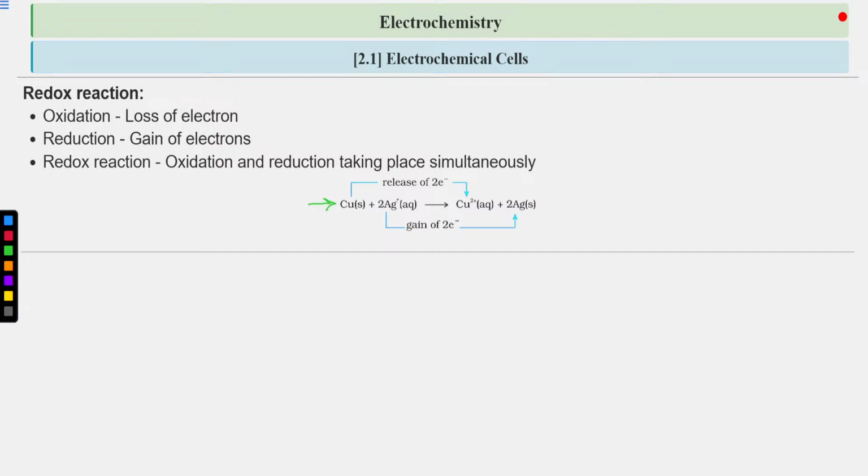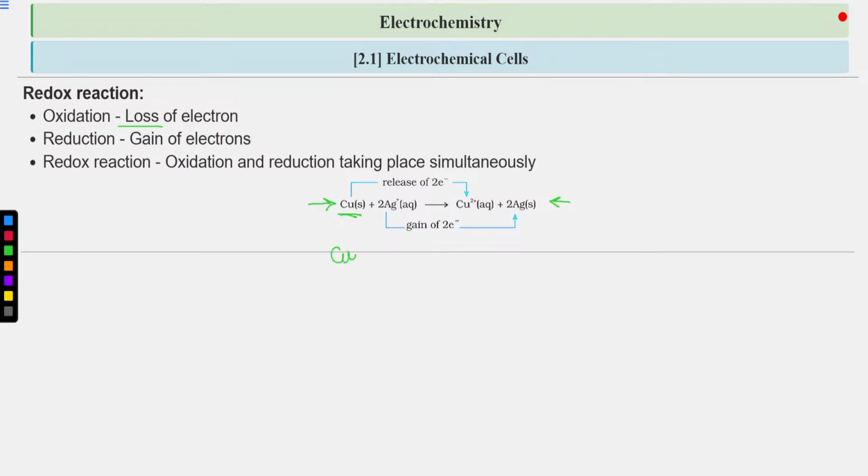You can clearly see that oxidation and reduction, as this is an example of a redox reaction, are both happening simultaneously. How? We define oxidation as loss of electrons. So here the loss of electrons is happening in the case of copper. Copper here is Cu, but has no charge.